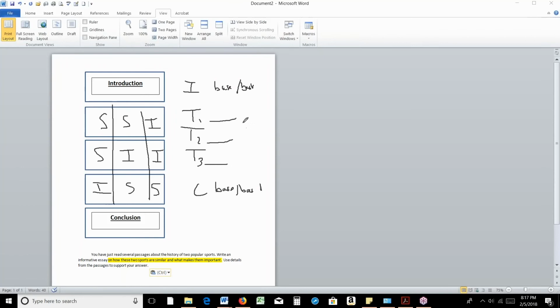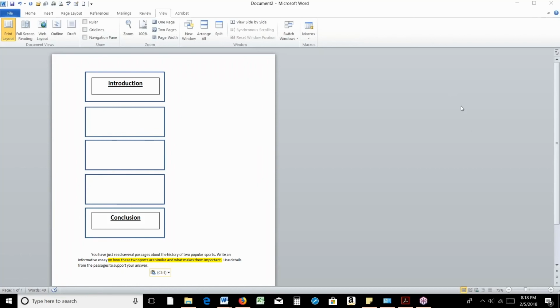And maybe the next kid will put how they're important here, similar here, and similar here. It doesn't matter. The problem is that they have to pick 2 things and there's 3 middle paragraphs. So they just need to know you're going to do 2 of one of them. It does not matter. I want them to know there are many, many different ways to set it up.